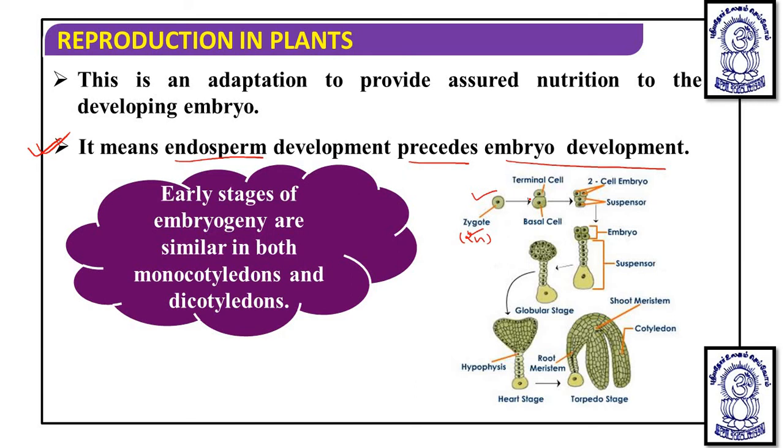This one is the terminal cell, one is the basal cell. Now this basal cell is going to form a suspensor, but this terminal cell is known as the embryonal cell, and this terminal cell, known as the embryonal cell, is going to form an embryo.